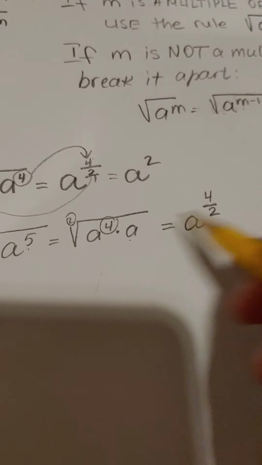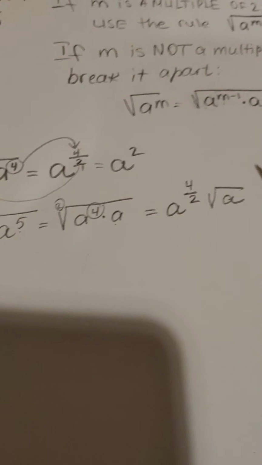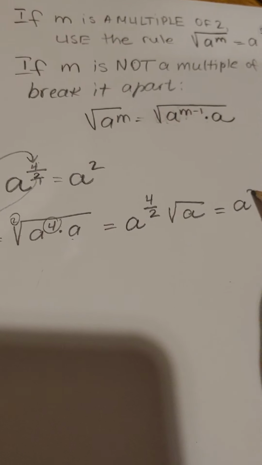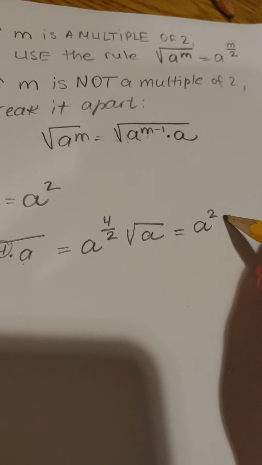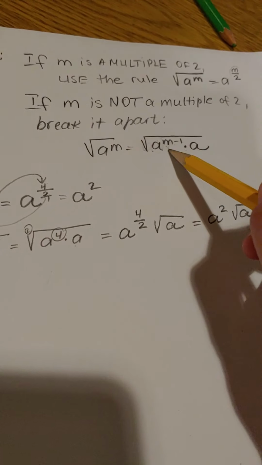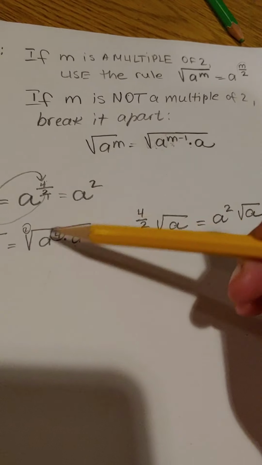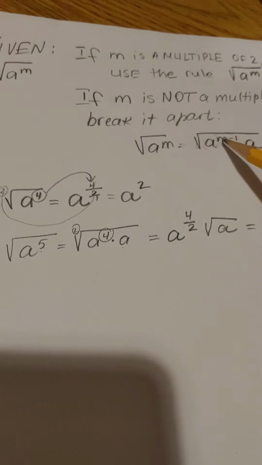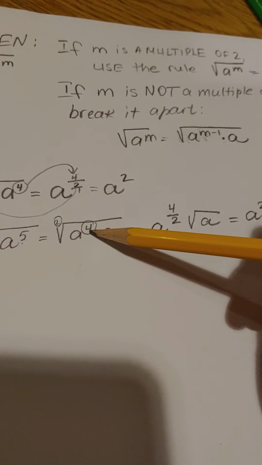And then only a stays under the radical. We know that 4 over 2 is 2, so a squared, square root of a. Maybe that clarified this a little bit. You see, if your m is 5, m minus 1 is actually 4, because 4 is 5 minus 1.